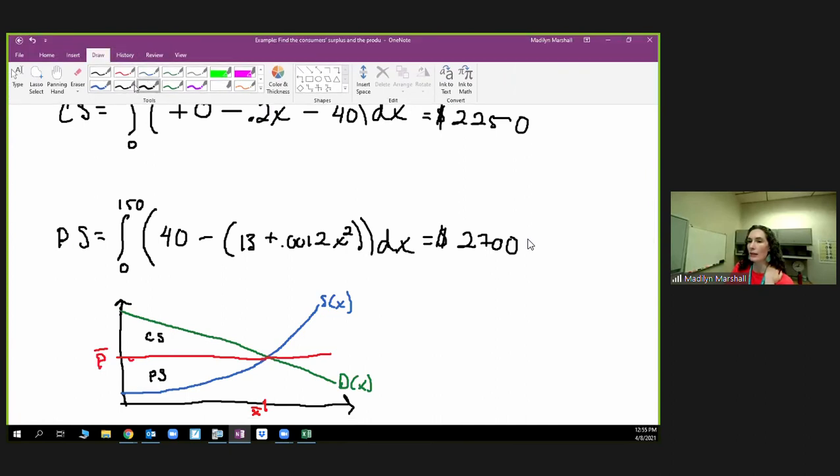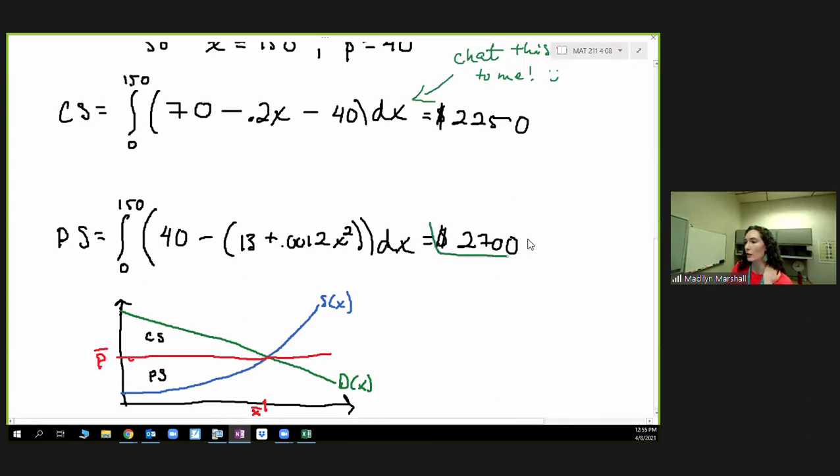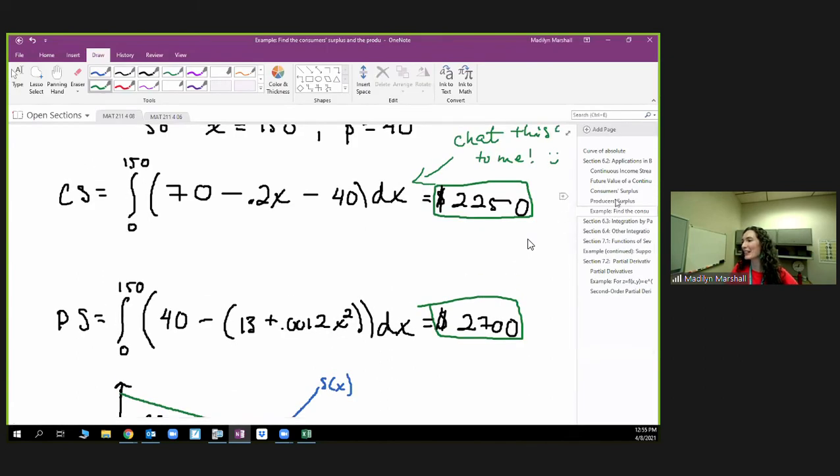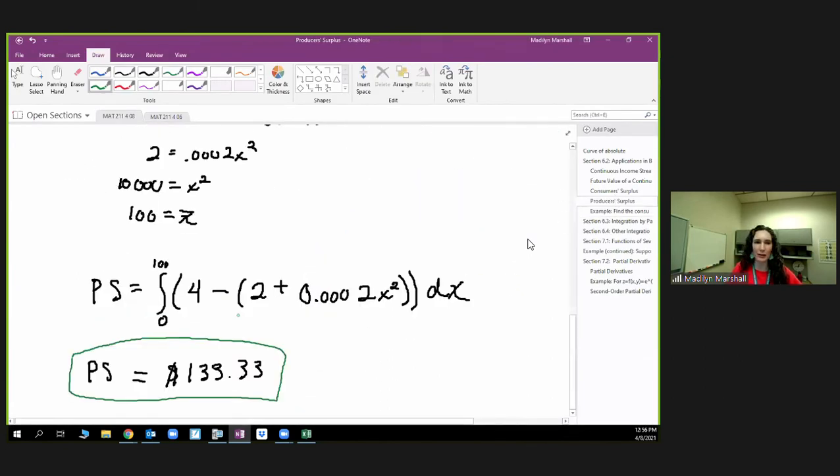So on this kind of problem, you may use the graphing calculator or Desmos to find that equilibrium point. And actually, you can also use it on these regular problems as well.